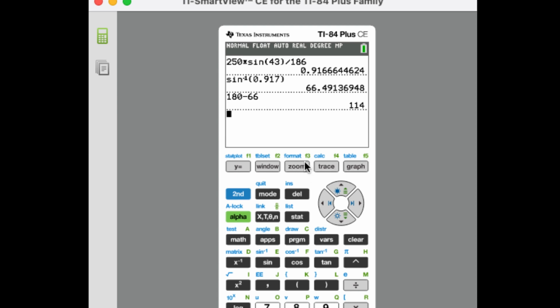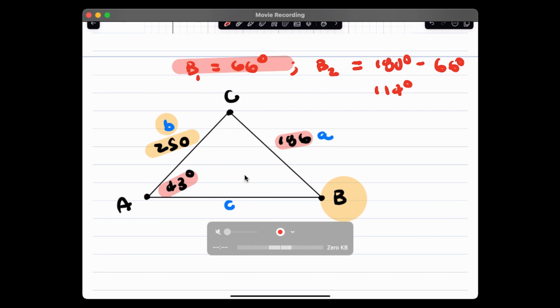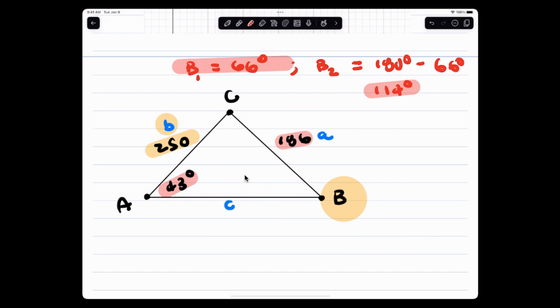What's that going to be? That's 114 degrees, ladies and gentlemen. If I go to the iPad here, we're going to put that 114 here. And I'm going to call this the second triangle.